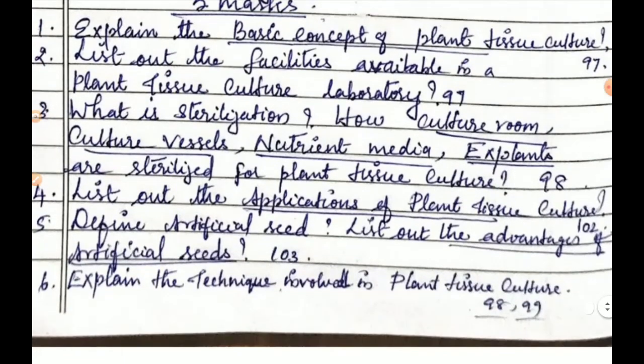Then next is, list out the applications of plant tissue culture. The answer is in page number 102. There are 6 points given under the heading 5.4 Application of plant tissue culture.